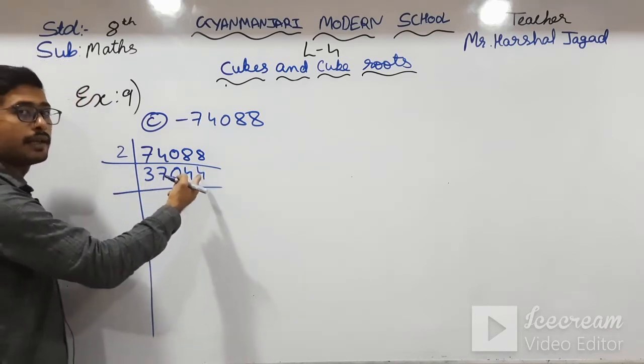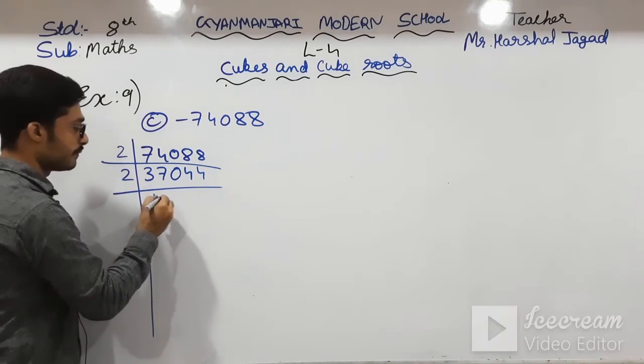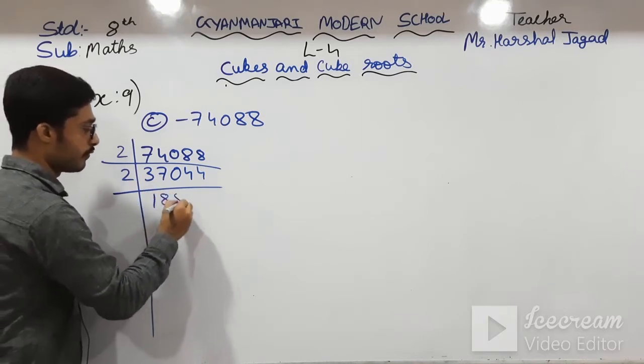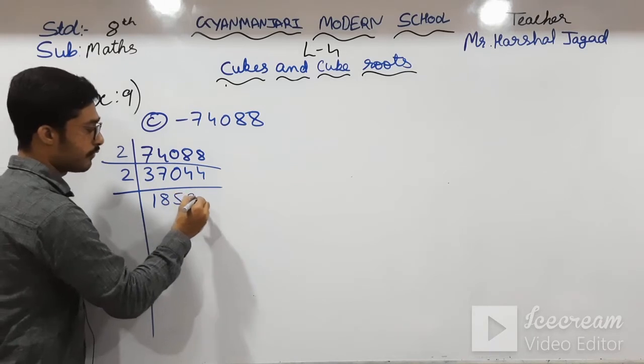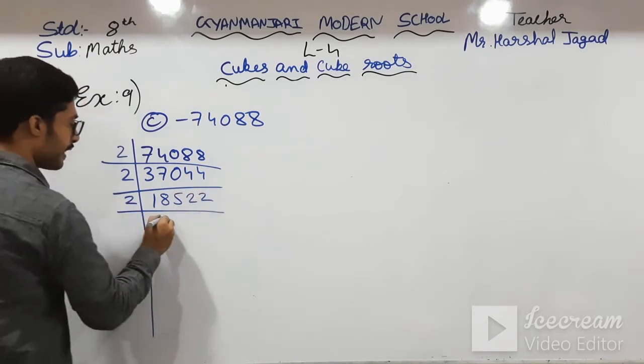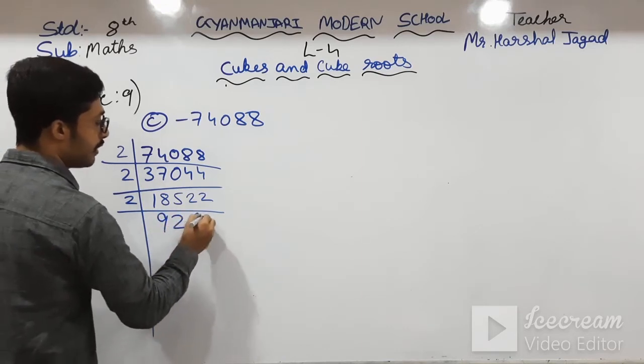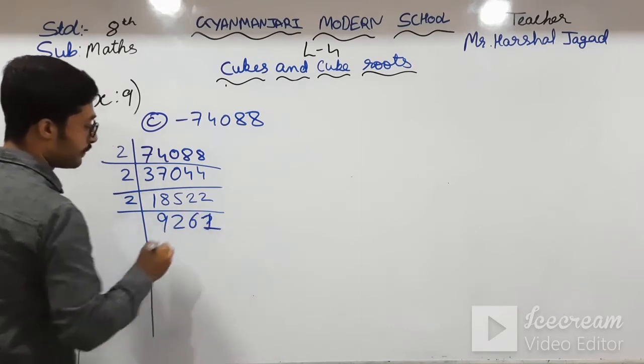Next here also is an even number, so 2 1s are 2, 2 8s are 16, 2 5s are 10, 2 2s are 4, 2 2s are 4. Next 2 9s are 18, 2 2s are 4, 2 6s are 12, 2 1s are 2.